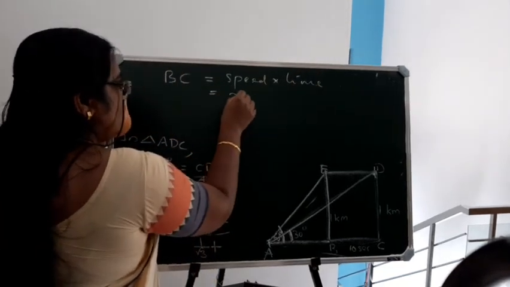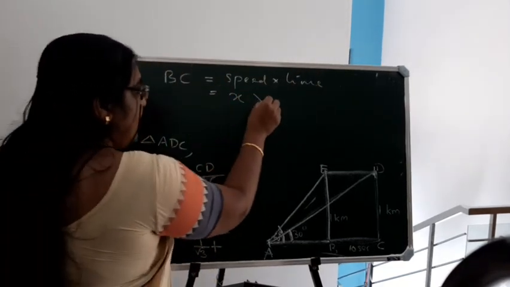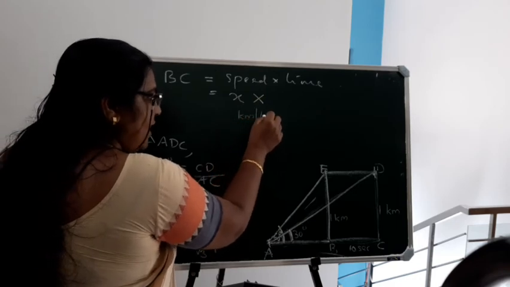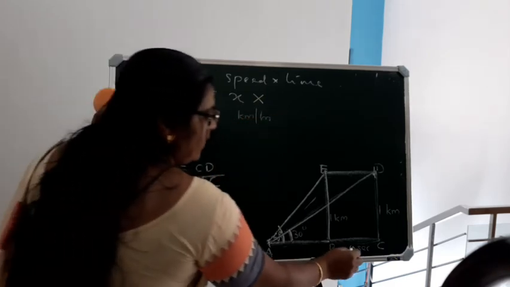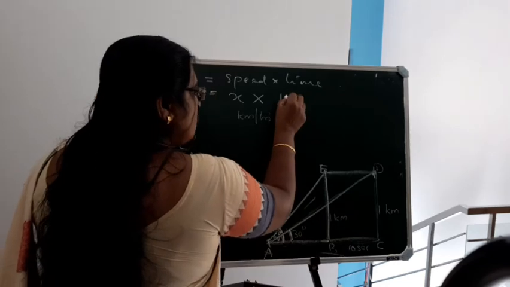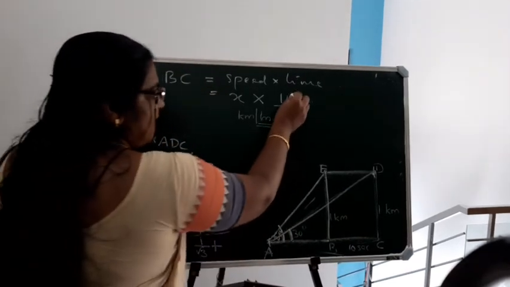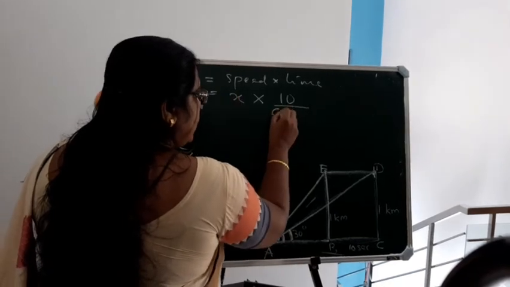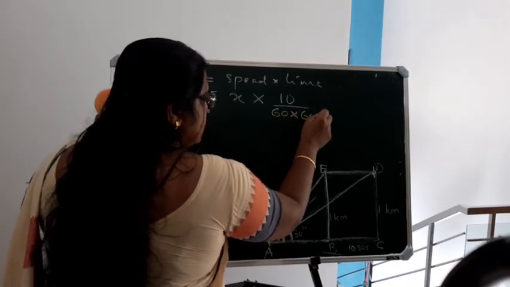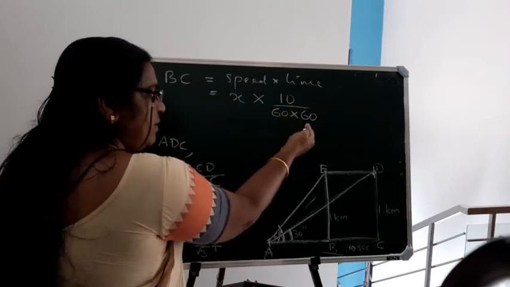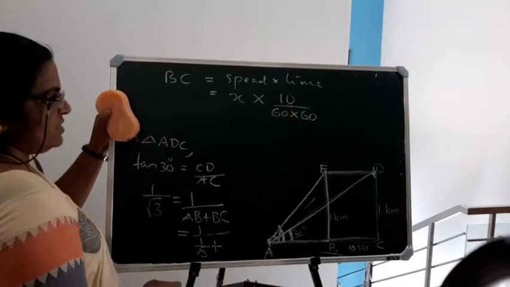Our speed is x kilometer per hour, but time is given in seconds, so we convert seconds into hours. Seconds convert into hours means divided by 60 into 60. Divided by 60 gives minutes, again divided by 60 gives hours.